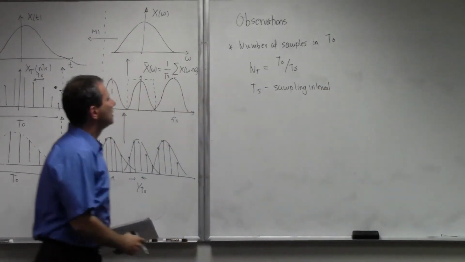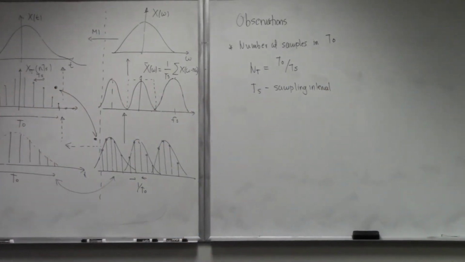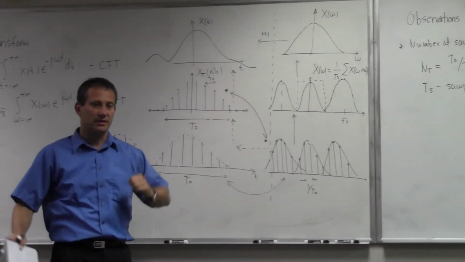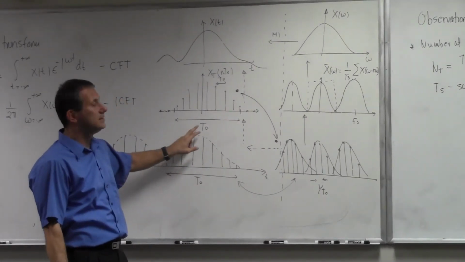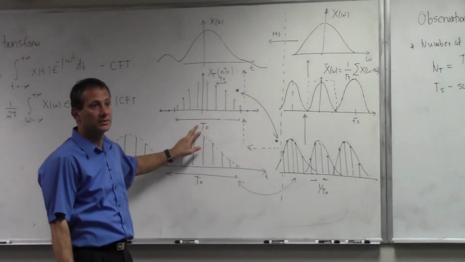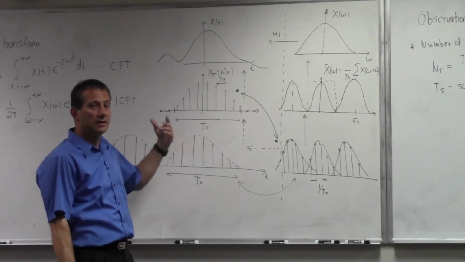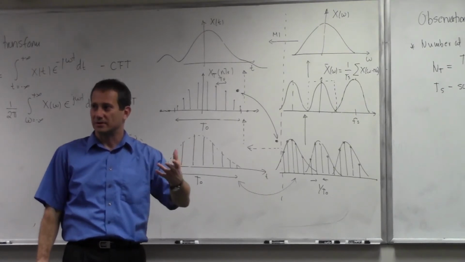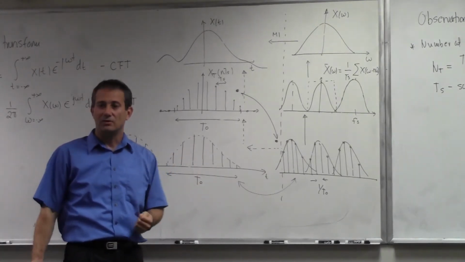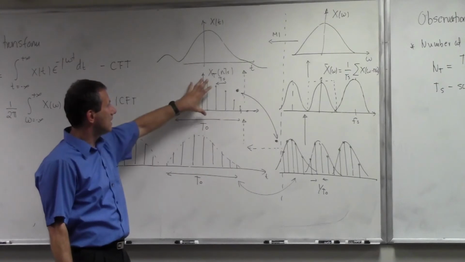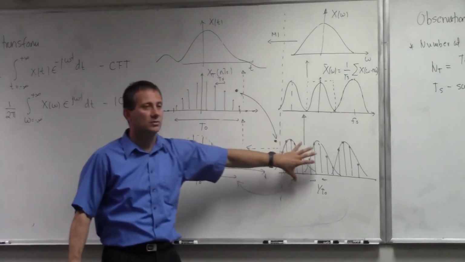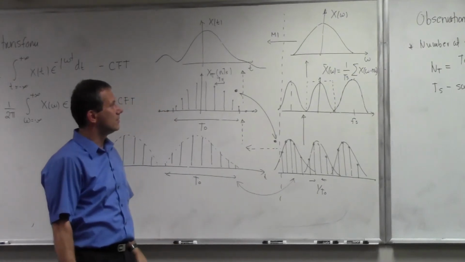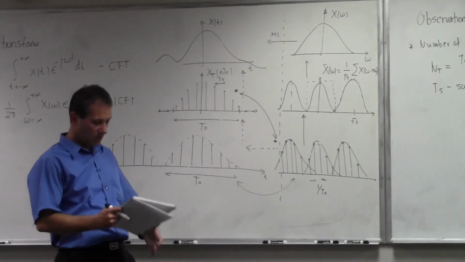So in this period that I've selected to process my signal, this chunk of the signal in the time domain, I'm going to have nt total number of samples. It's kind of funny to say, the number of numbers, or the count of the numbers that I have at my disposal to try to estimate what my frequency domain representation of the signal looks like.